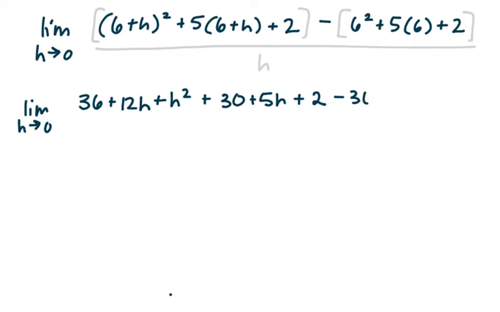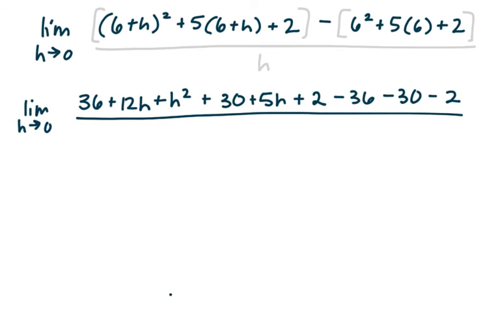Then I have minus 36, minus 30, minus 2, all of which is over H. Once I multiply this all the way out, I'm going to see some really nice canceling, and I'm always going to expect these last terms, the terms from my S of A, to cancel out. So minus 36, plus 36, that goes to 0; minus 30, plus 30; minus 2, plus 2.